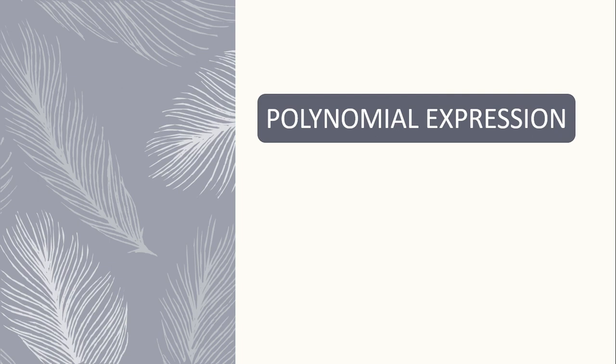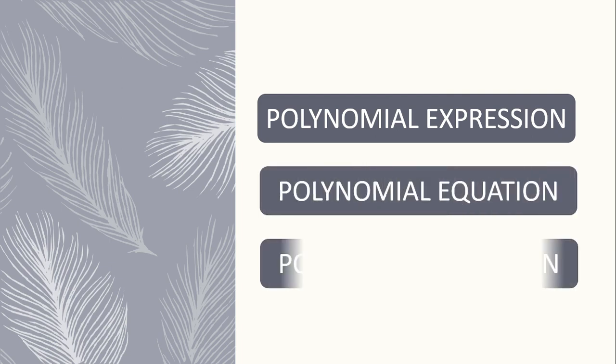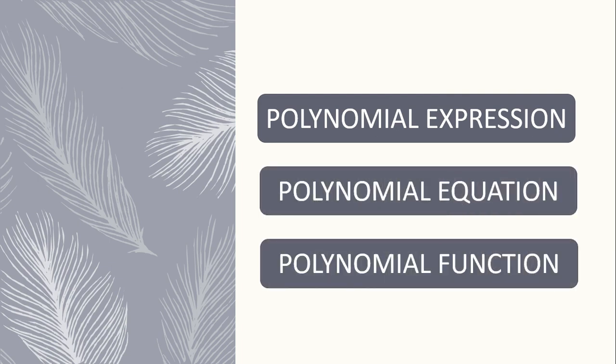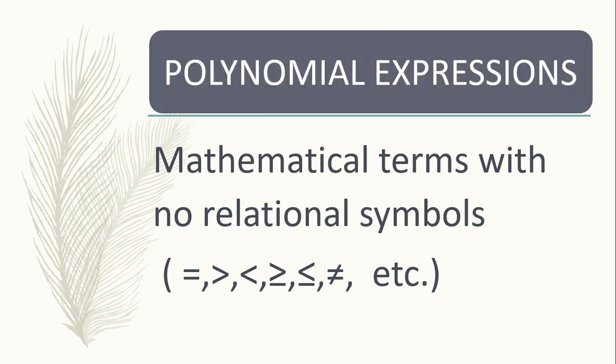Let us start this video lesson by recalling the difference between the terms polynomial expression, polynomial equation, and polynomial function. Polynomial expressions are mathematical terms with no relational symbols. So when we say polynomial expression, this could mean monomial, binomial, trinomial, or multinomial.